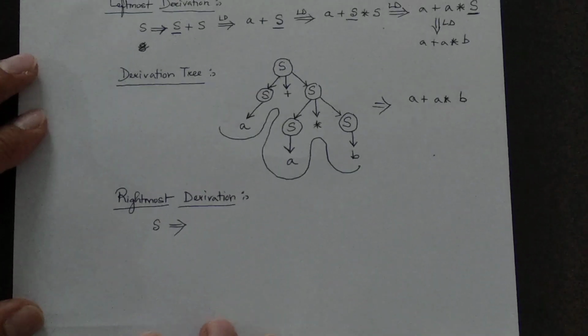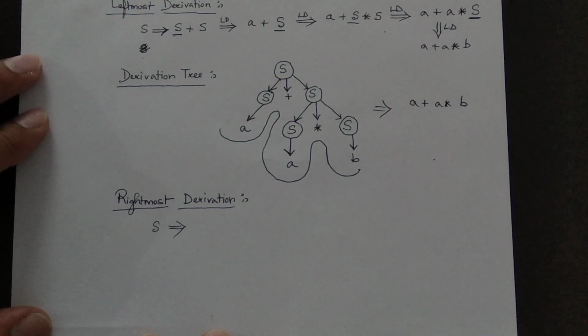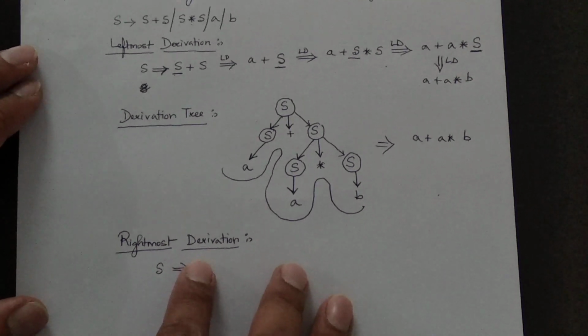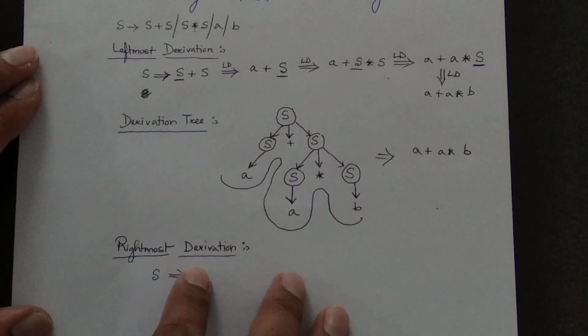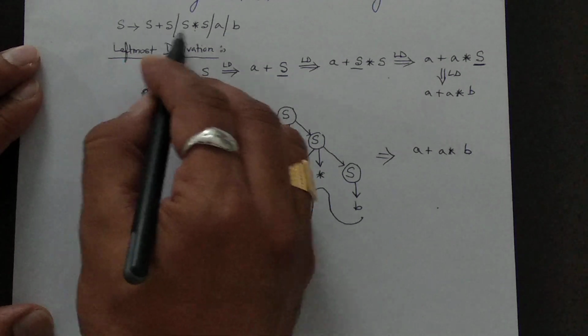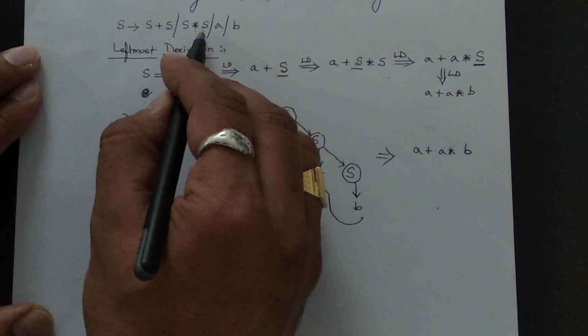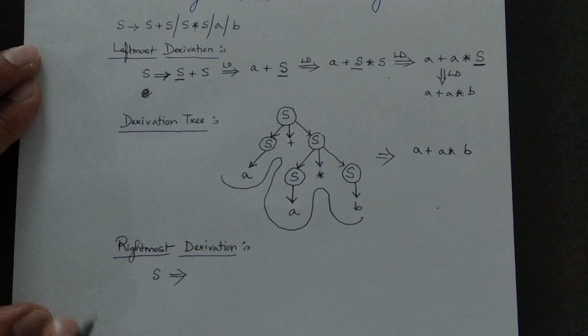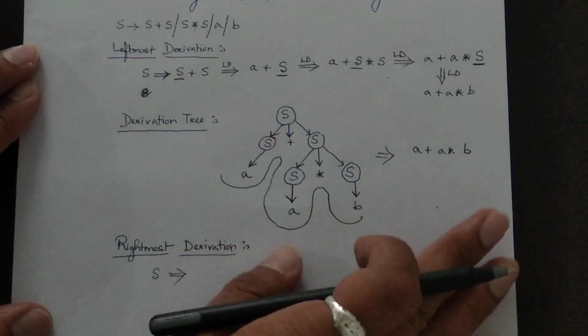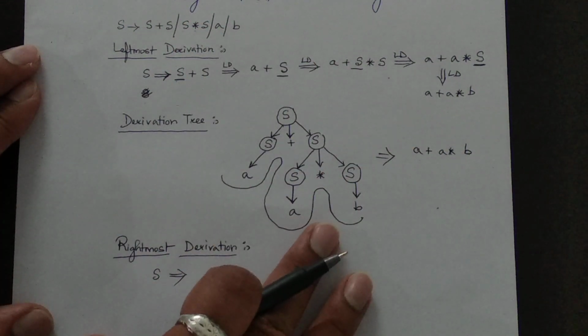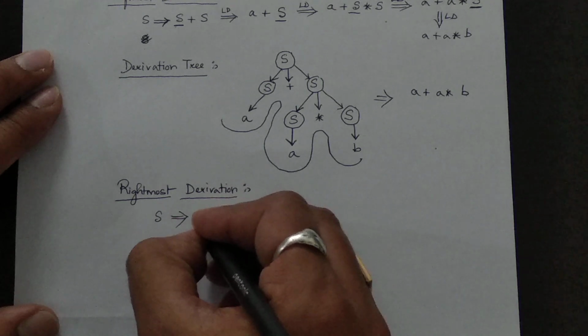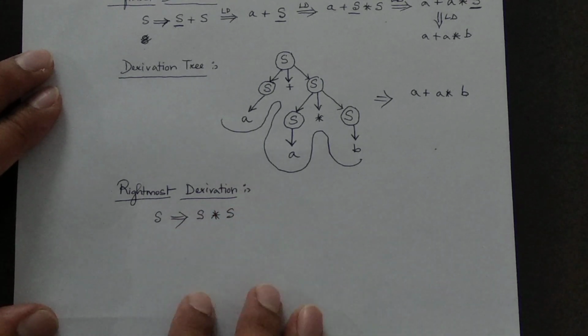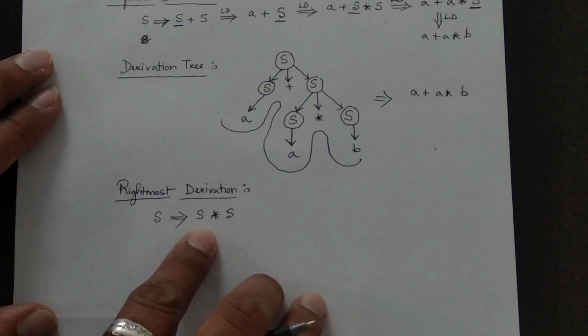Now the logic comes over here: which production you want to take first. I'm having two productions, S plus S and S asterisk S. I have to check the right side of the grammar, correct? So what I can do, I can take the second production, suppose, S cross S. Okay, this is the second thing I have taken.